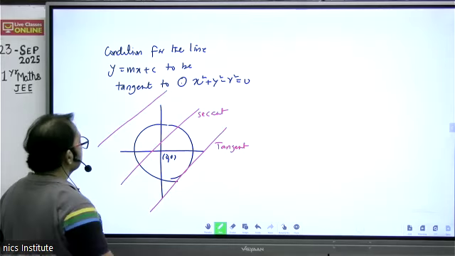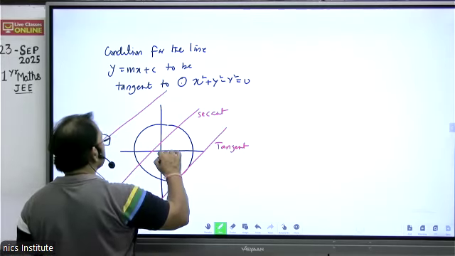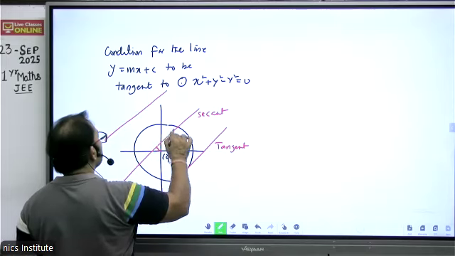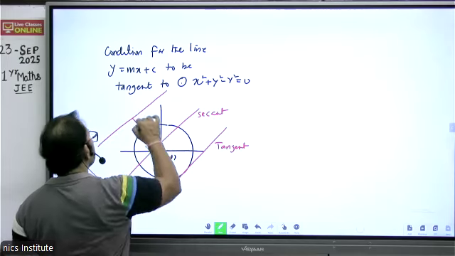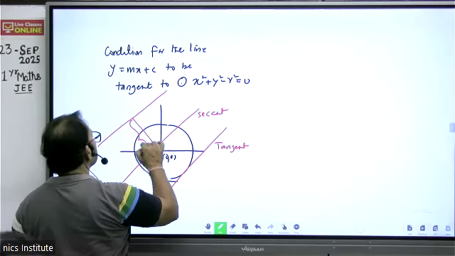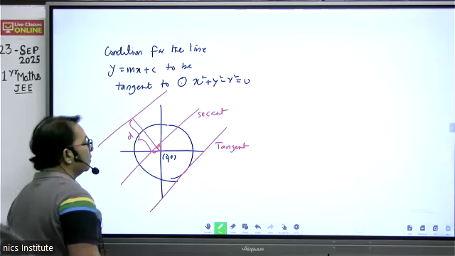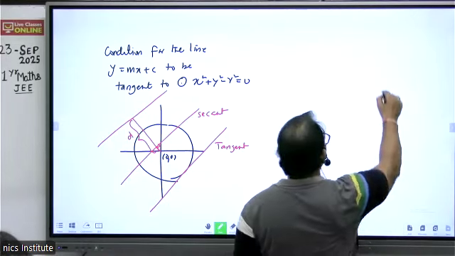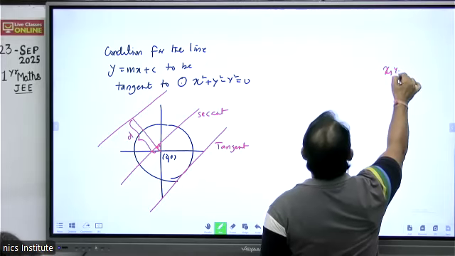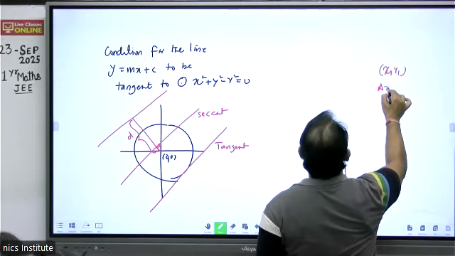कैसे पता करोगे? One method is you find the distance between the center of the circle and the line. You know how to find distance between a line and a point. याद आ रहा है? Once upon a time किया था ये, बहुत पुरानी बात हो गई.